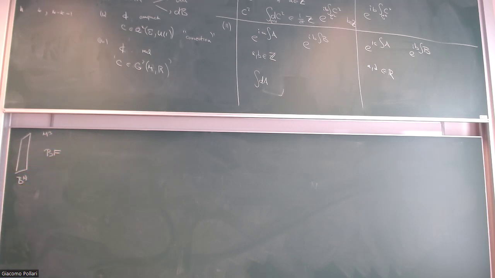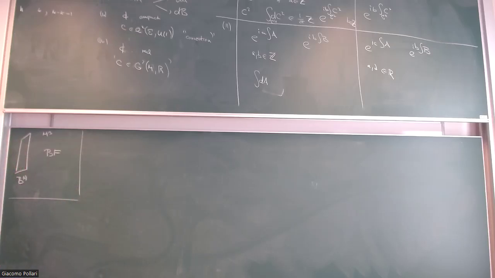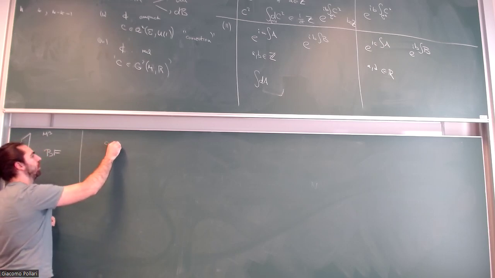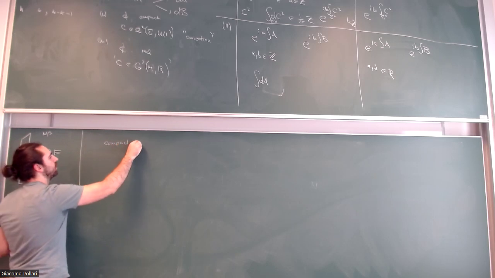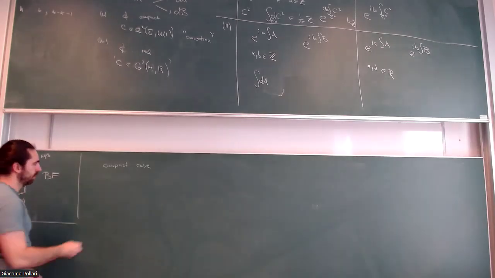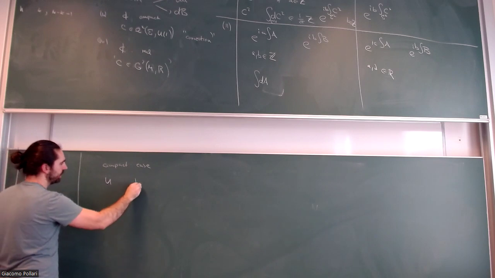Okay. So in order to study that, I need to specify boundary conditions. And I'll tell you how those boundary conditions differ based on which group selection I have. So let's first do the compact case. So you see that I have these U and V lines.